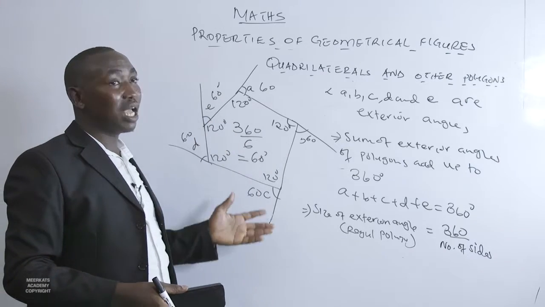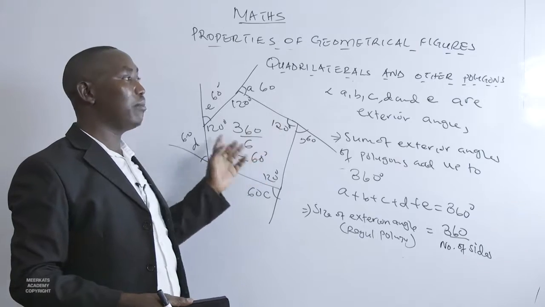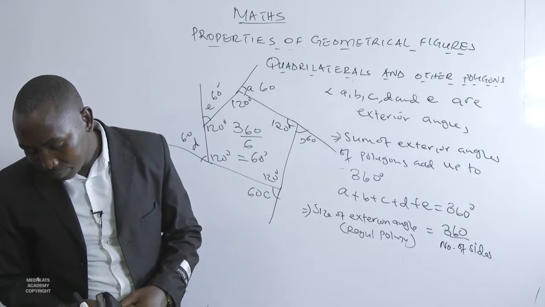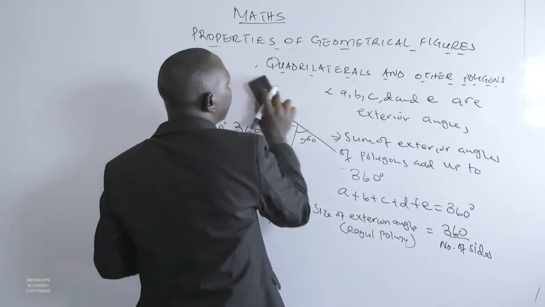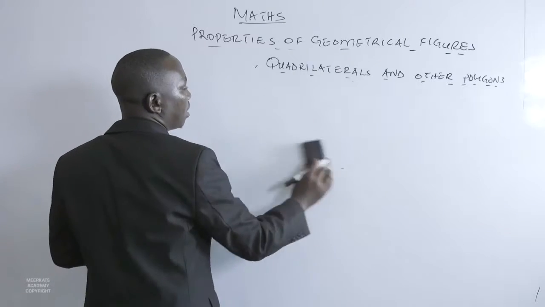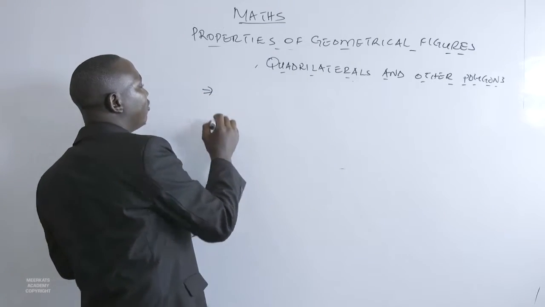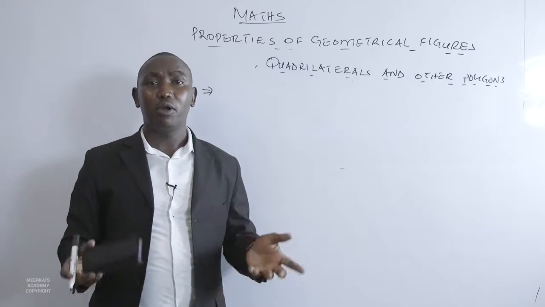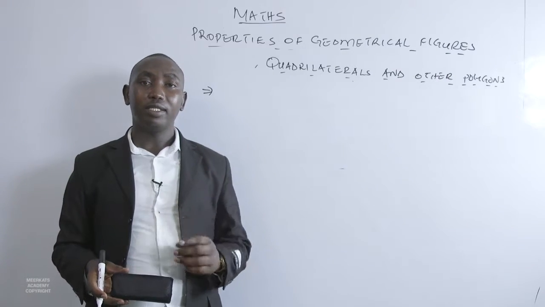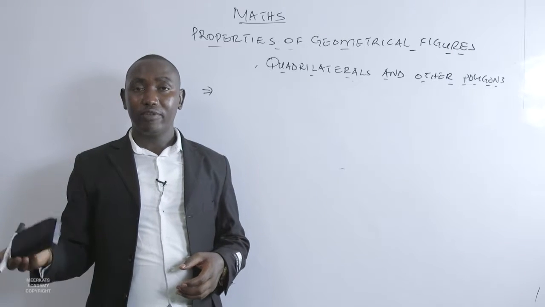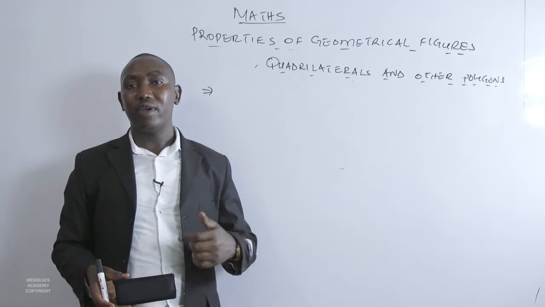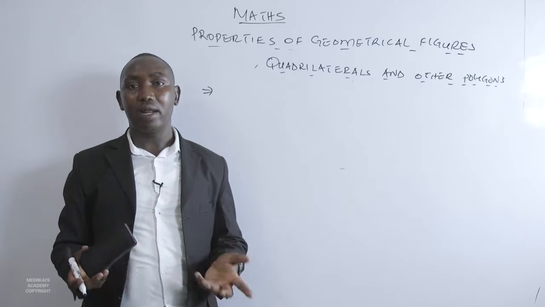Still, you can get the sum of the interior angles by either summing all these angles, or we use the formula. Now we have the cases of regular polygons and irregular polygons. For regular polygons, all the angles and all the sides are going to be equal, which is a different case with an irregular polygon, where you'll find that not all the sides are equal.